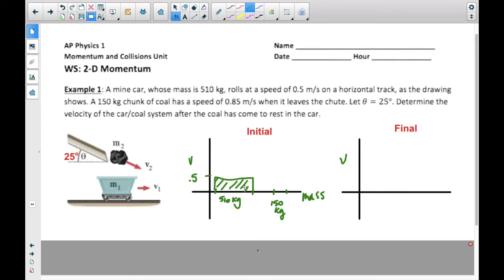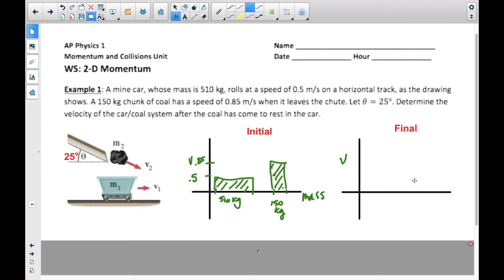So our momentum is mass times velocity. So our momentum is the area of this. Now we have another thing going on, and that is the mass of coal, and it is actually going faster than the cart. It is going at 0.85 meters per second. And so once again, we have this much area, which is its total momentum.